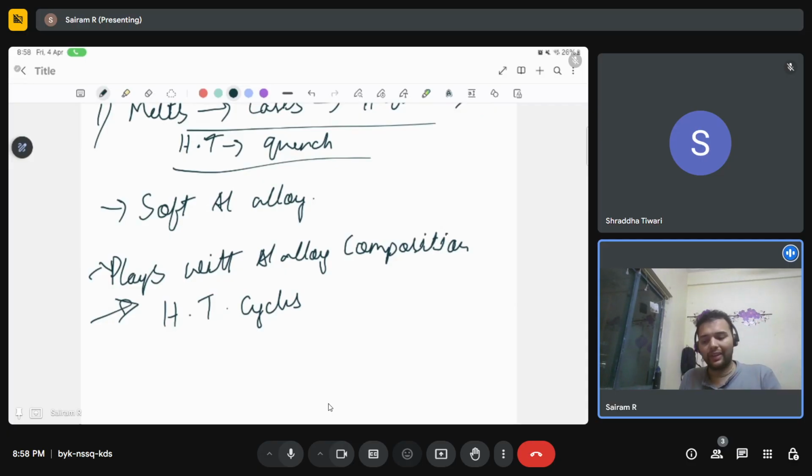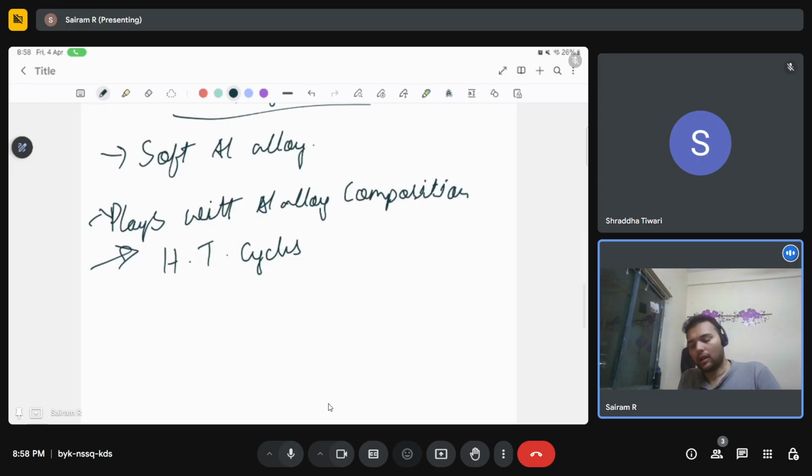One day over the weekend, he's performing an experiment, and he creates a large batch of aluminum alloys.